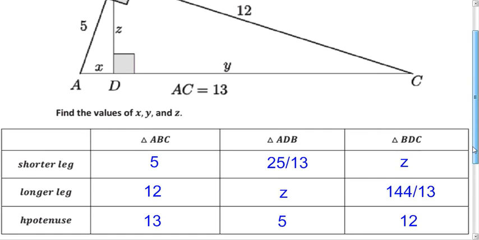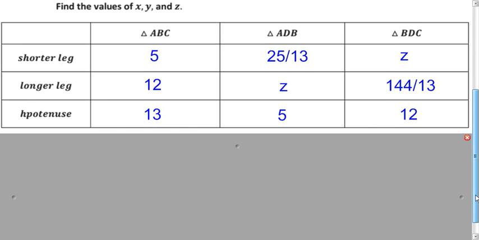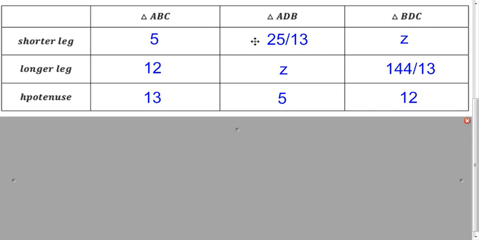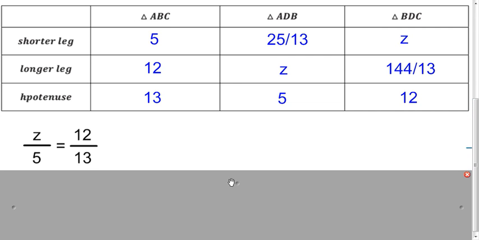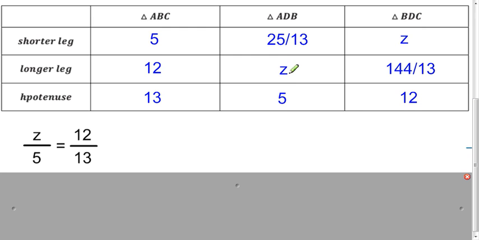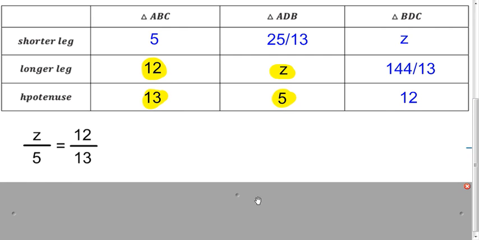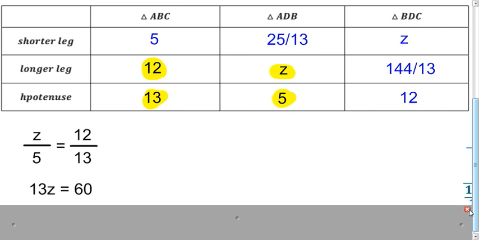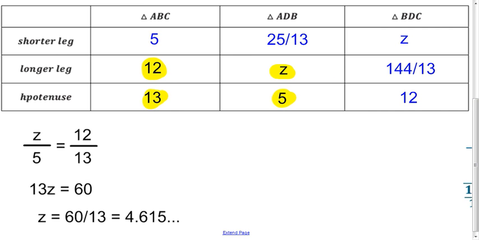And finally, to find Z, we have a few different options here. I'll show you one way, and a few other ways you could have set it up. I said Z divided by 5 has to be the same as 12 over 13. Apply the cross product, and Z is 60/13.